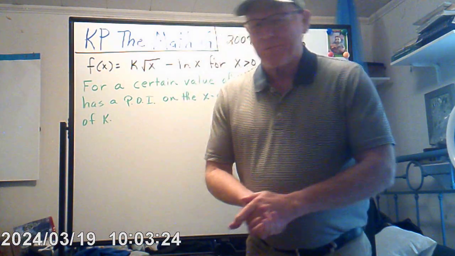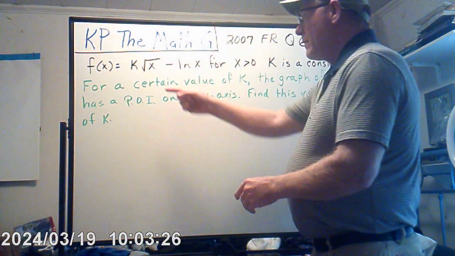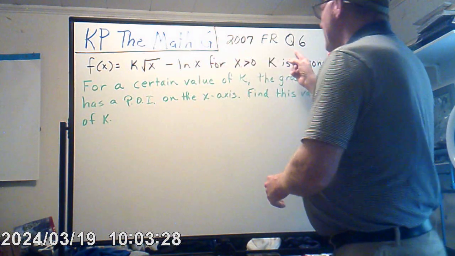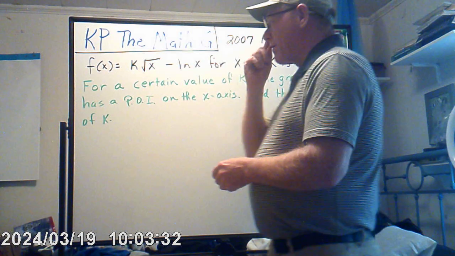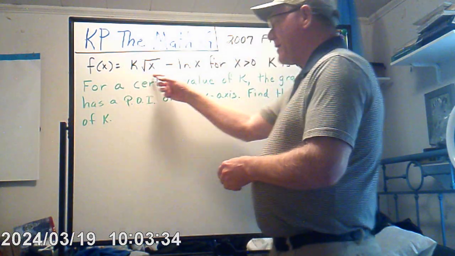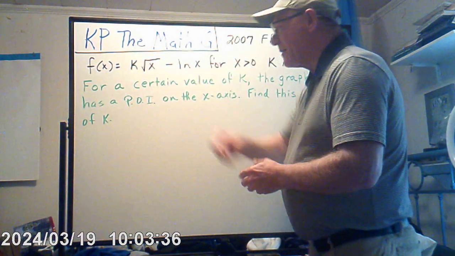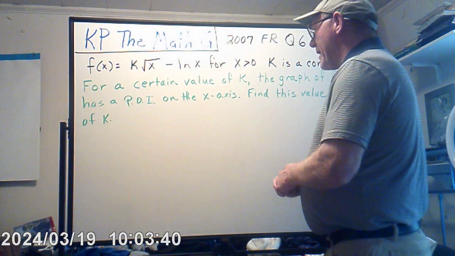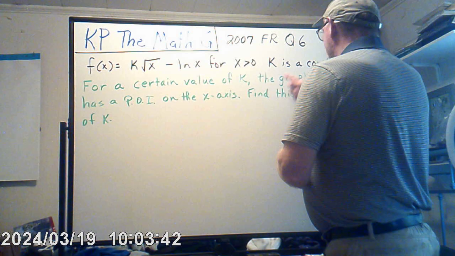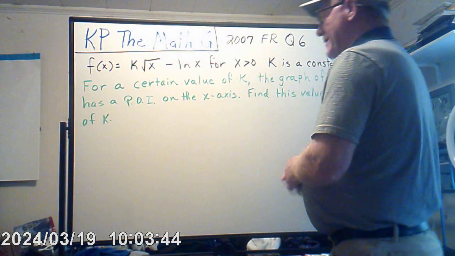Anyway, we have a 2007 free response question number 6, where we are given f of x equals k, a constant, times the square root of x minus ln of x for x greater than 0. K is a constant.